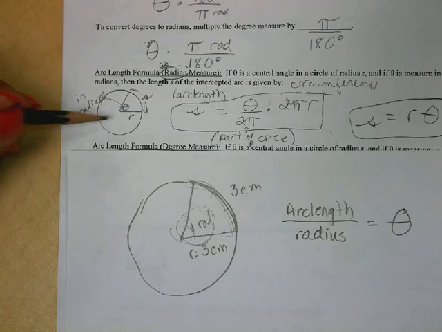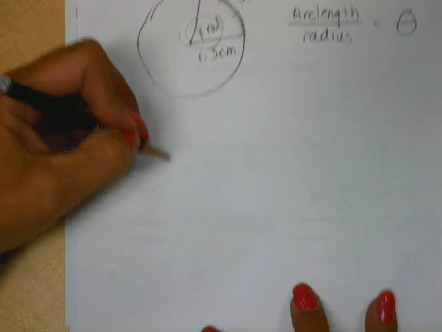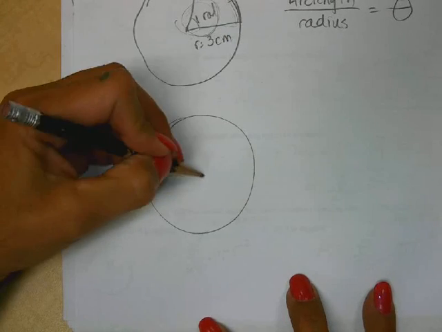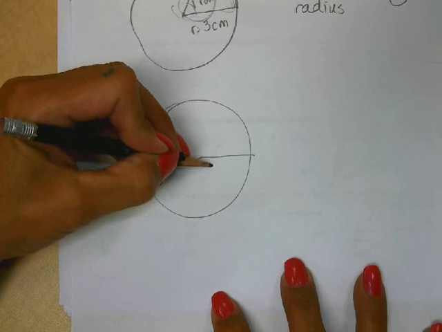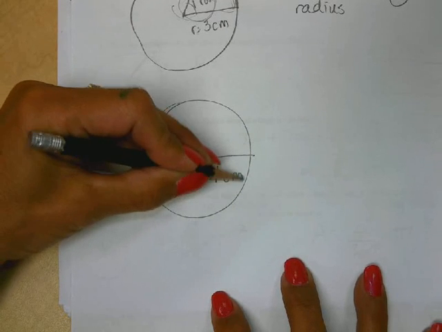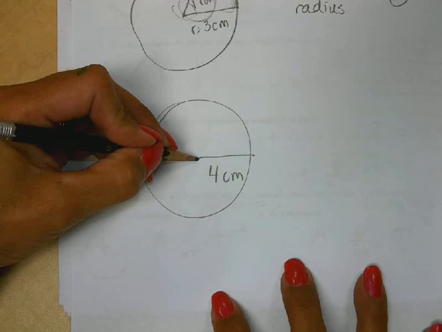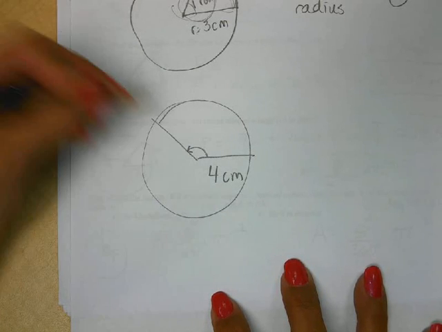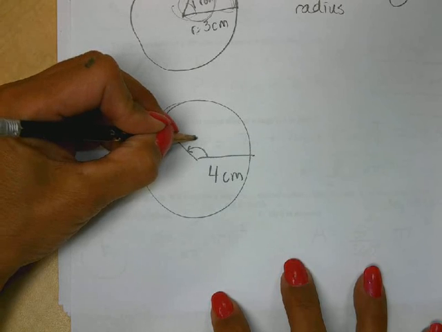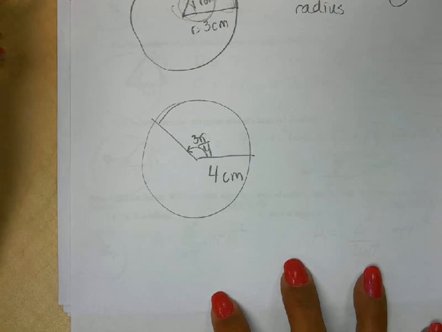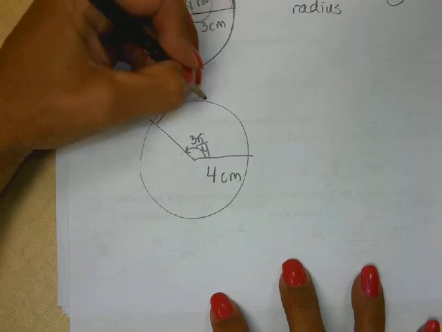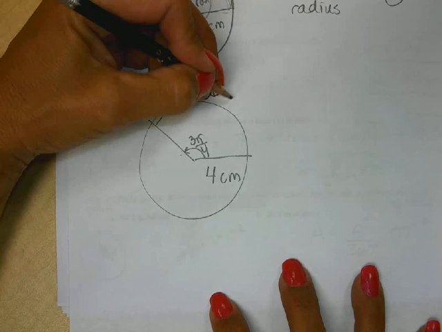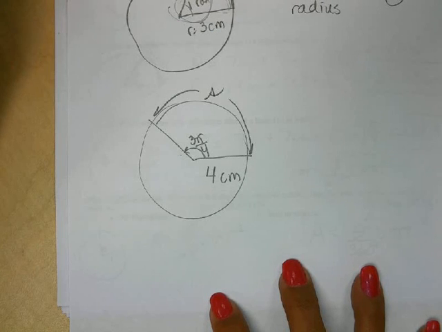So if I have a circle that is given a radius of, let's say this time, 4 centimeters, and let's say I tell you that I have an angle here that is equivalent to 3 pi over 4 radians, and that's the angle measure, I can now ask you, how long is that arc?